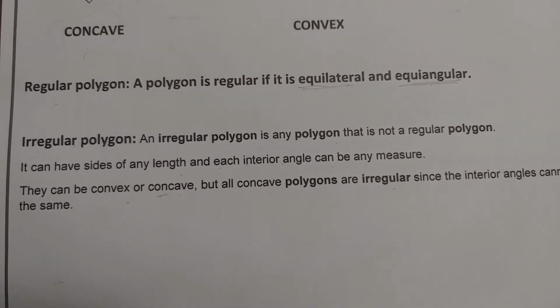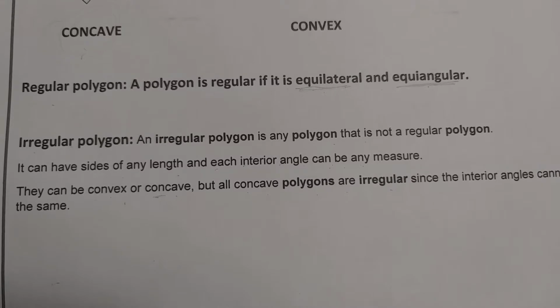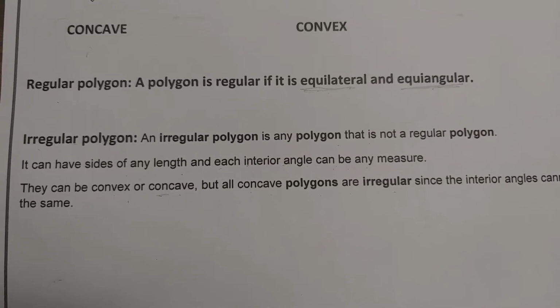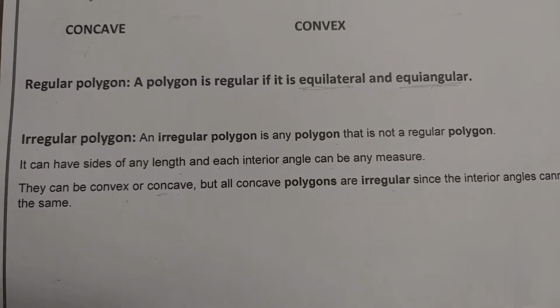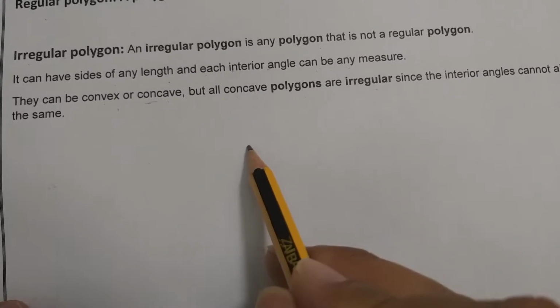So this is just brief notes about the polygon. Polygons are based on three things: sides, vertices, and angles. The straight line segments are the sides, and where they intersect they make vertices, and because of those vertices they create angles. In a polygon, one more thing you should remember is the sum.